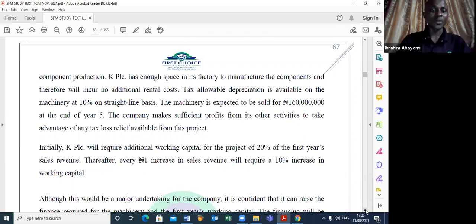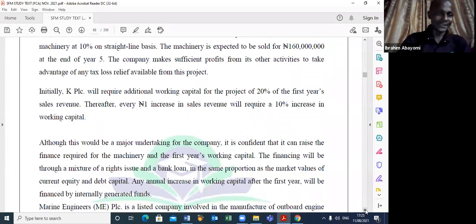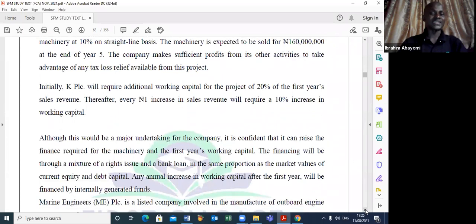The company makes sufficient profit from other activities to take advantage of any tax loss relief available from this project. Initially, KPLC will require additional working capital for the project of 20% of the first year's sales revenue. Thereafter, every 1 naira increase in sales revenue will require a 10% increase in working capital.